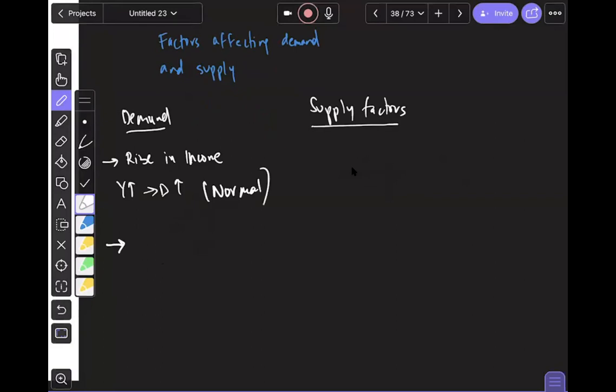The second factor that can make the demand change could be the price of substitutes. Remember, if the price of substitutes goes down, what will happen then? Your substitute becomes cheaper, so the demand for your good will go down. Isn't that true?